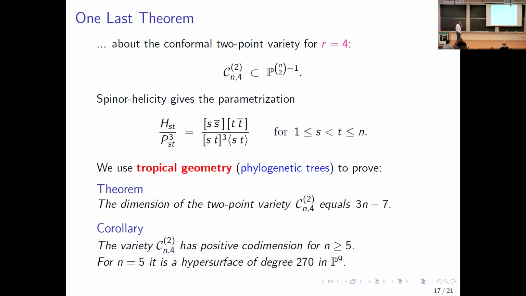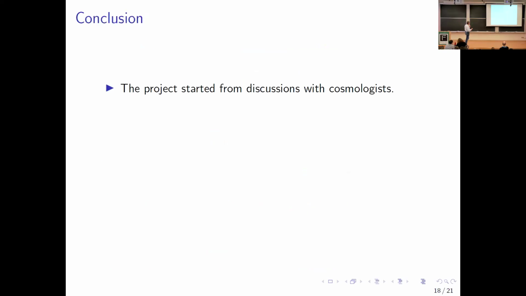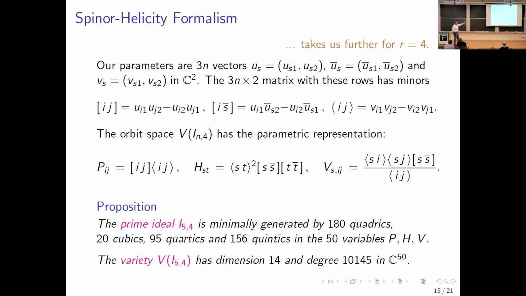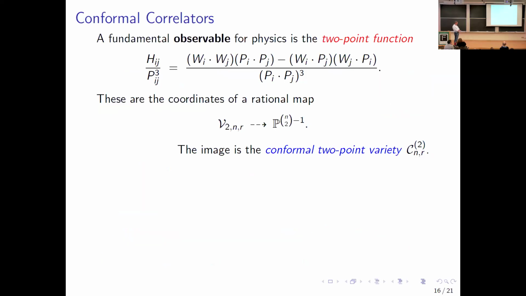So the upshot here is that thanks to a very clever parametrization that we learned from the physicists, called the spinor-helicity parametrization, we were able to use combinatorial algebraic ideas about 2×n matrices and the space of trees to make some progress.